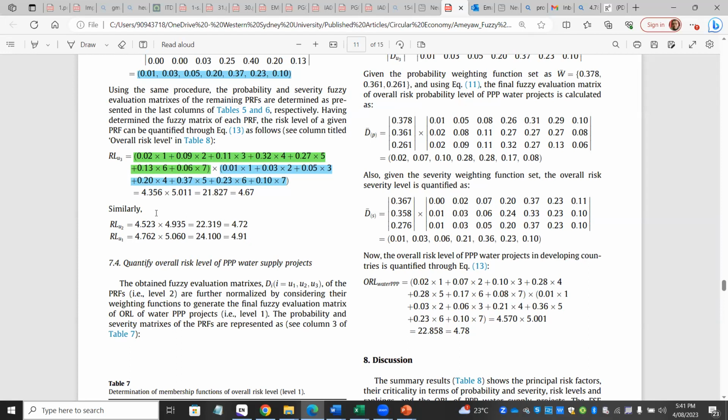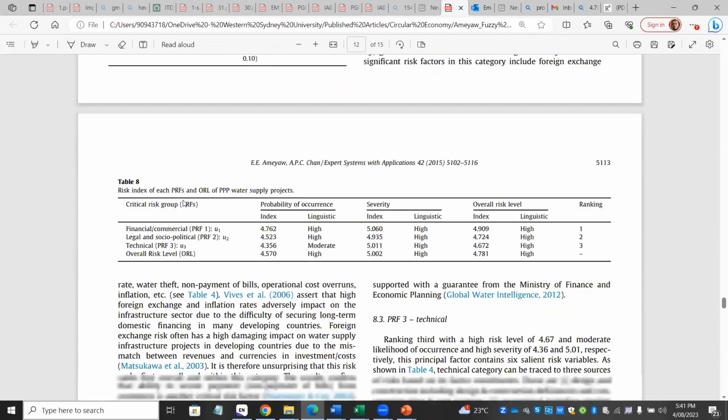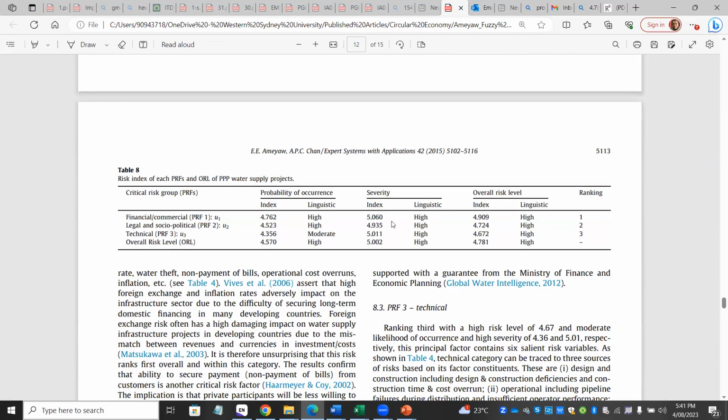They are all for probability of occurrence. When it comes to severity, it's 5.060, 4.935, and 5.011. And that's exactly what they have presented in this table.